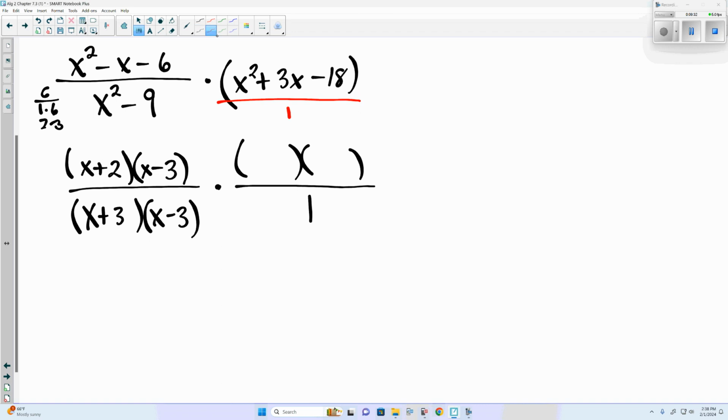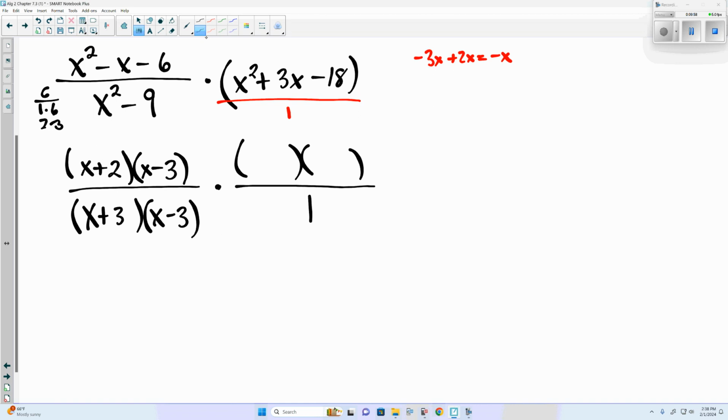And we can check this here. X times negative 3 is, we're right over here, negative 3x. 2 times x is positive 2x. Plus 2x gives us a middle term of negative x, which is what we wanted. So we get those here.